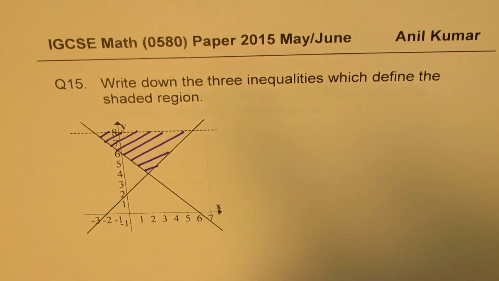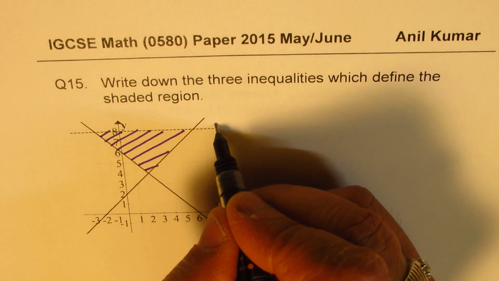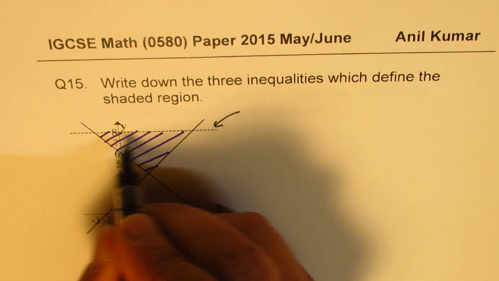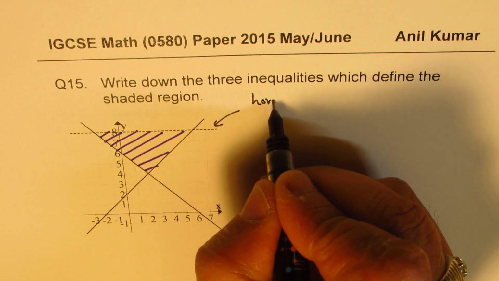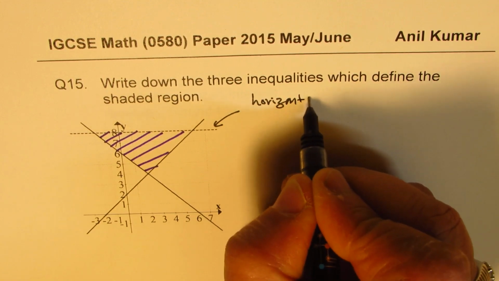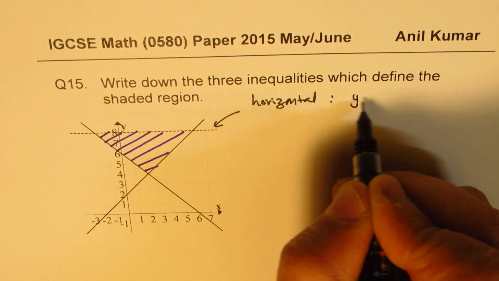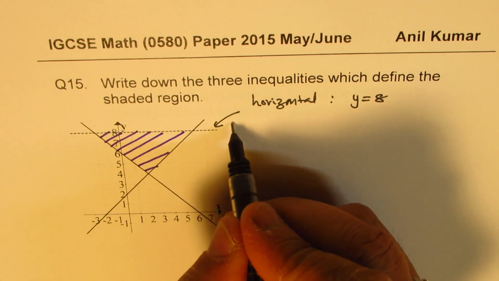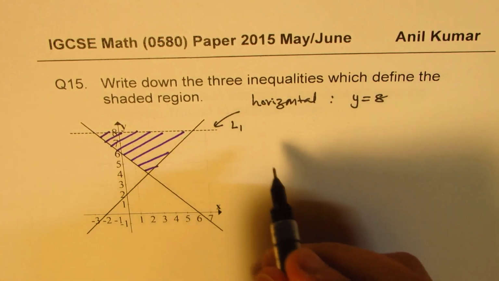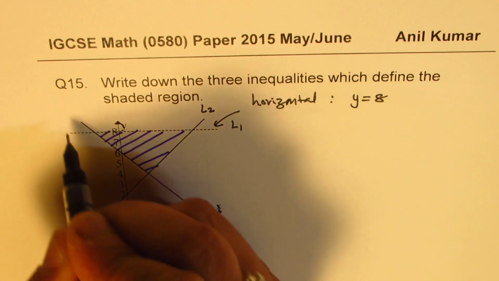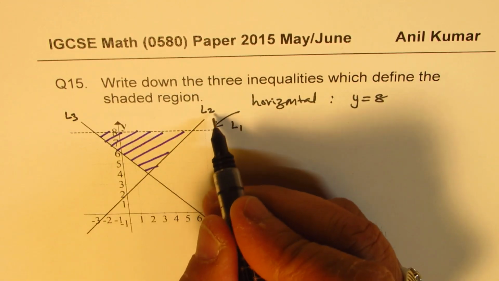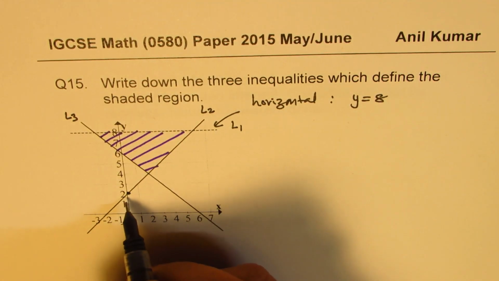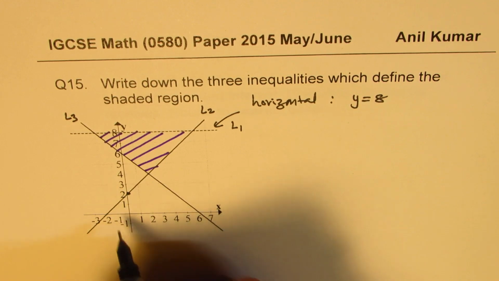So let's do it one by one. This is a horizontal line through 8, right? The equation is y equals 8. I'm calling this line 1, this line 2 and this line 3. Line 2 has a y-intercept at 2 and let's find the slope.